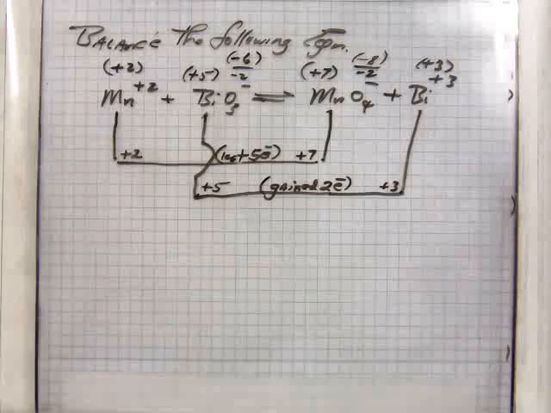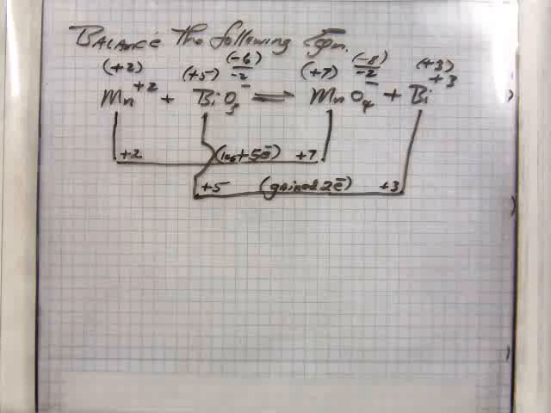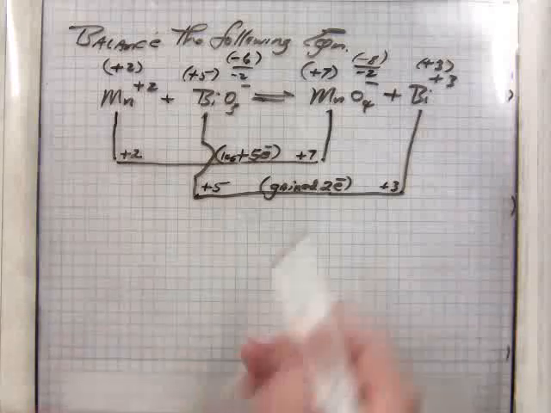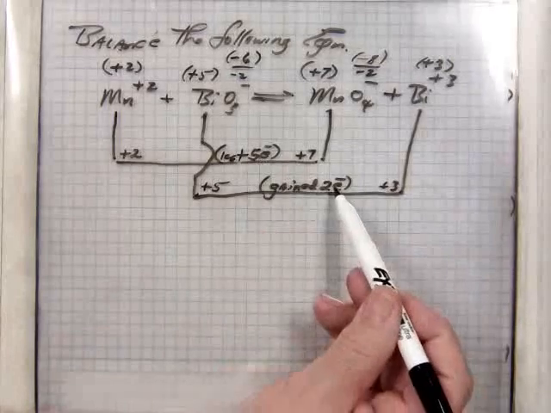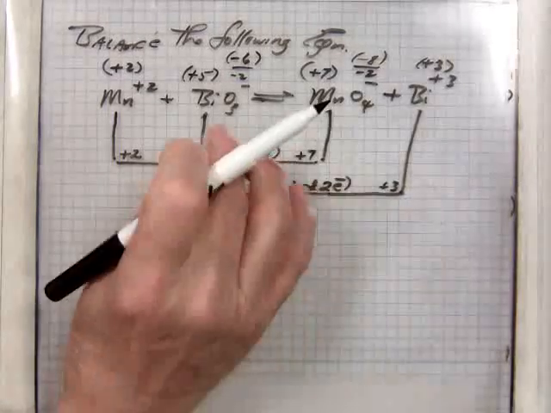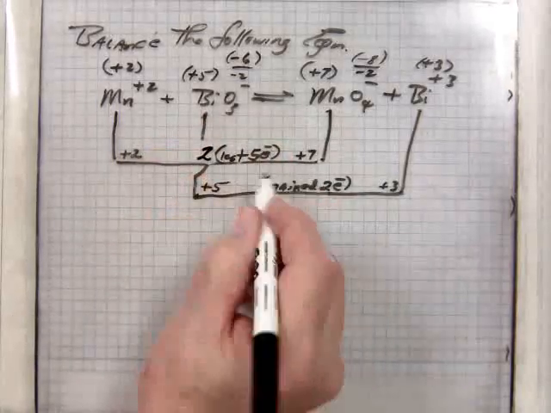Okay, everybody still with me? Now, in the balancing of oxidation reduction reactions, 2 events must occur. One, you must have a balance of charge, and two, you must have a balance of mass. Always balance the charge first. Then you'll finish with balance of mass. So we'll continue with the charge. If I have a 5 up here and a 2 here, I've got to make those equal. So what you can do is multiply this one by 2 and this one by 5.